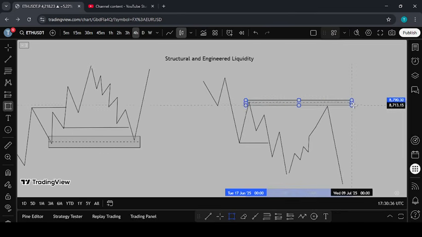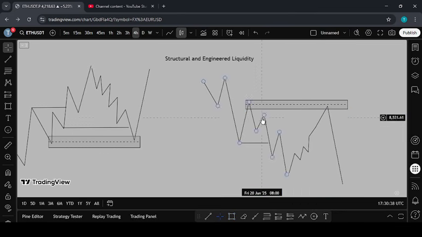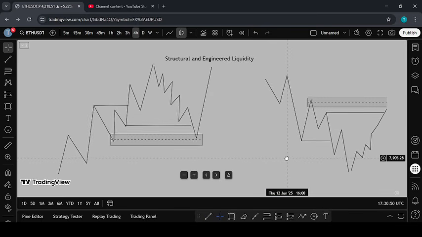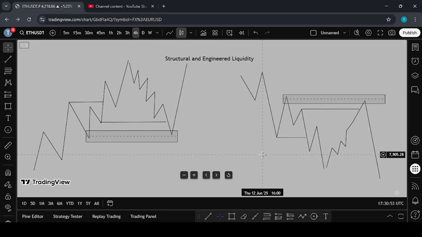This will now be your point of interest, not this. And a confirmation would be a fair value gap around this region also. So this would serve as the what? Structural liquidity, right? You see this happening over and over.